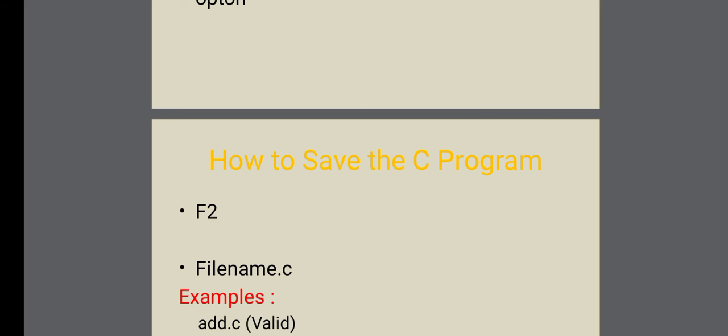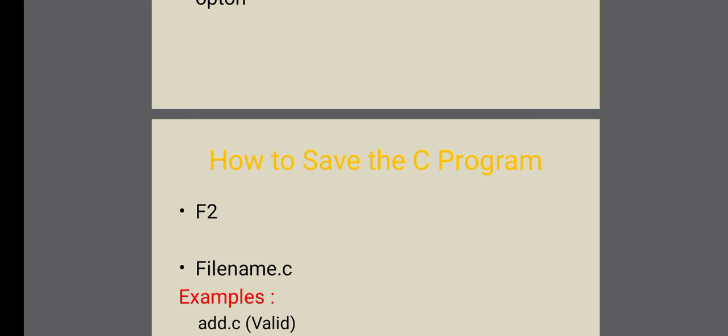For example, when I compile and some errors are encountered, I will rectify those errors, and then do all the process again from saving the C program onwards: save, compile, run the program, and see the output.